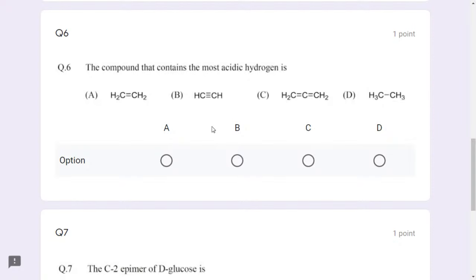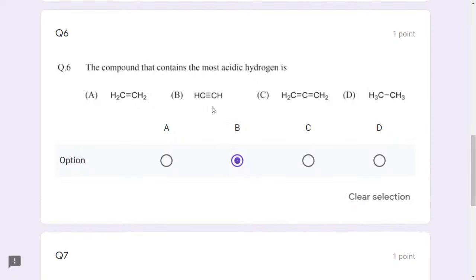So among these four options, which is sp hybridized carbon? Yes, B. Option B is the acidic hydrogen. So option B is the correct option, students. It can give H plus and it can be C minus because it is an sp hybridized molecule.